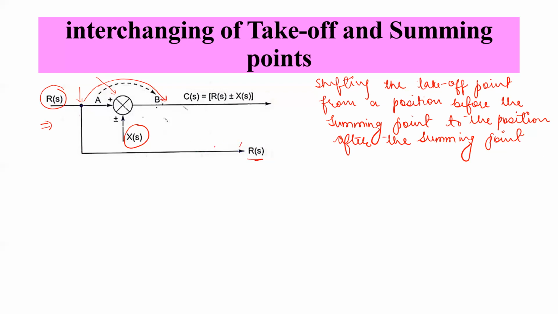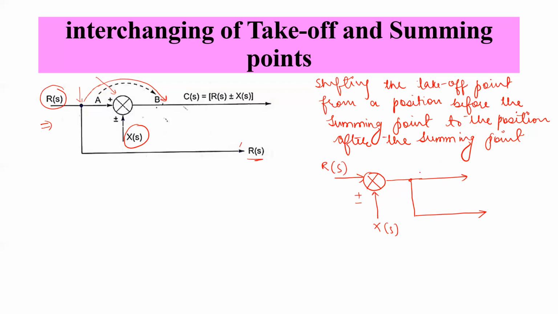Now, when we have to shift the takeoff point, how will we shift? We simply redraw the given representation. This is RS originally, and this is XS.